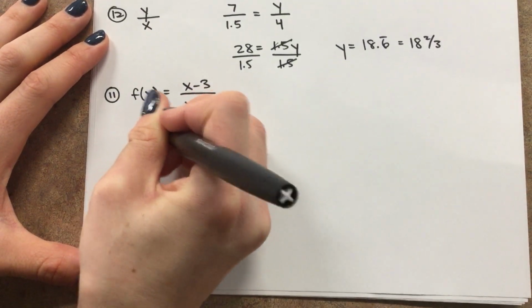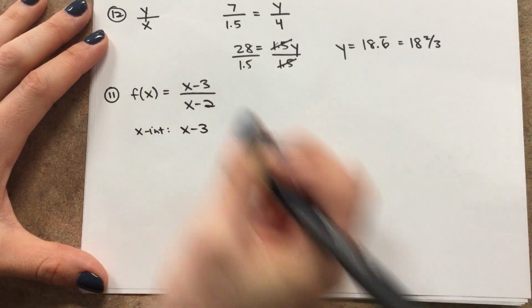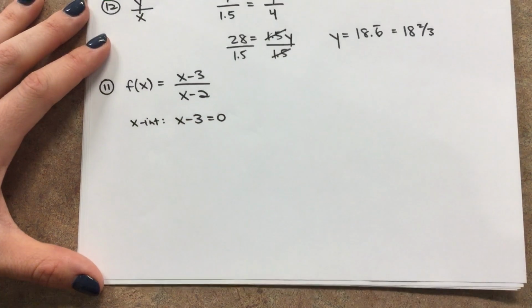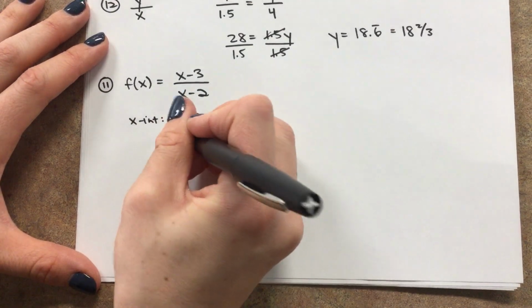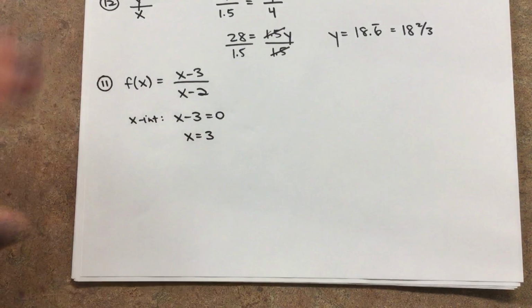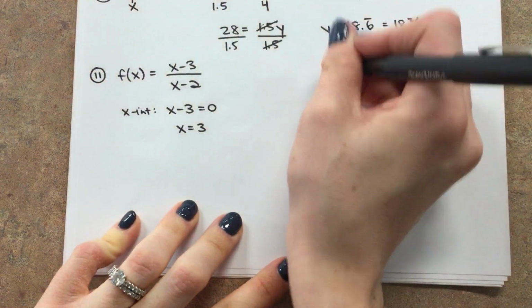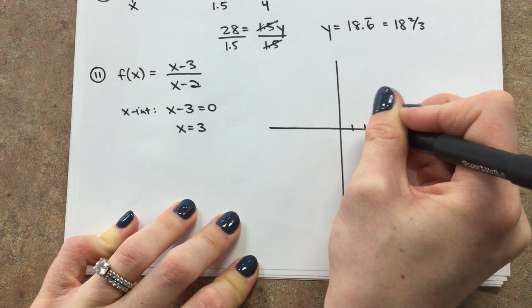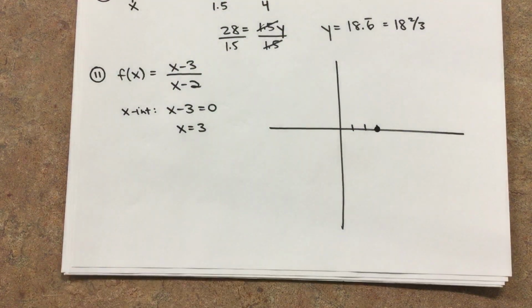So for the x-intercept, you take whatever expression is in the numerator, so that's the x minus 3, and set that expression equal to 0. So I would add 3 to the other side, so I get x equals 3. I'm going to start plotting that. So go 1, 2, 3 on your x-axis. And that's where it's going to cross through.